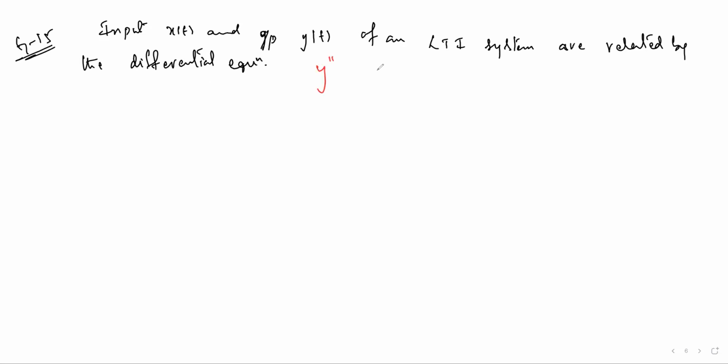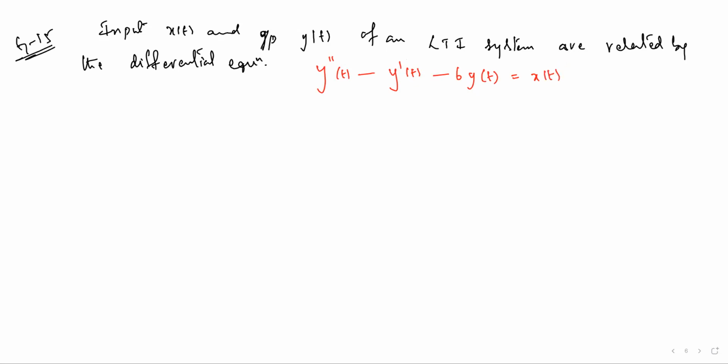y double dash of t minus y dash of t minus 6 y of t is equal to x of t.